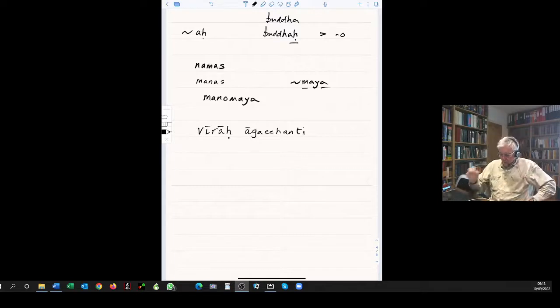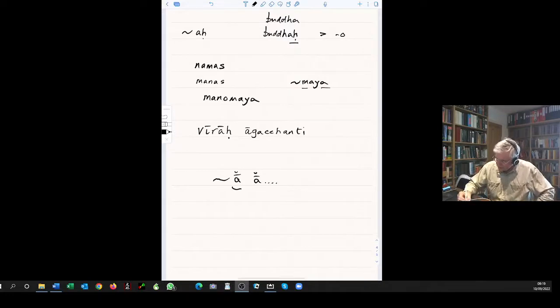Now, there's the general rule of sandhi that if the preceding word ends in an a, long or short, and the following word begins in an a, long or short (when I wrote the short sign and the long sign, it means the same rule applies to either), what happens then? By sandhi, they merge into a long a. That's the normal rule. But that's only if the first word, without applying any sandhi to it at all, just ends in an a.